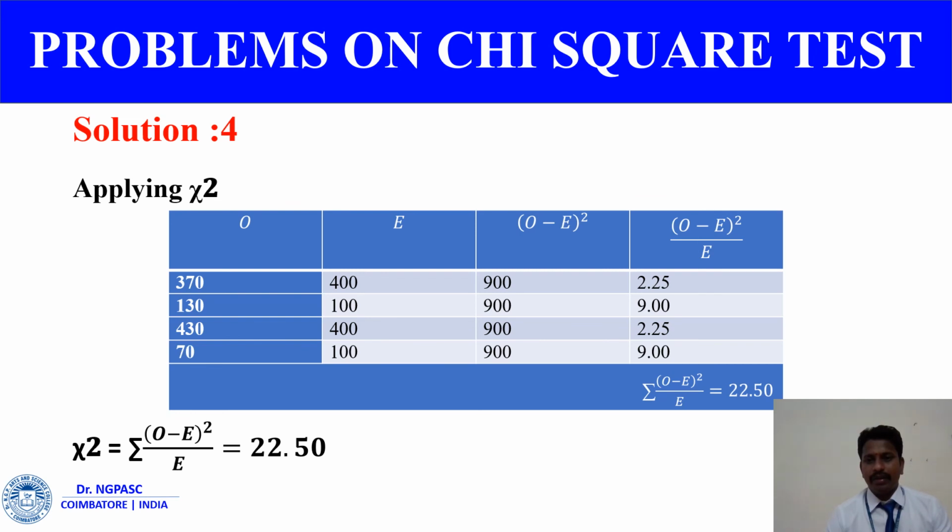Next, to calculate the sum of (observed frequency minus expected frequency) whole square by E. The addition of the four values is 22.50. By using the formula, chi-square equal to summation of (observed frequency minus expected frequency) whole square by E, that is 22.50.